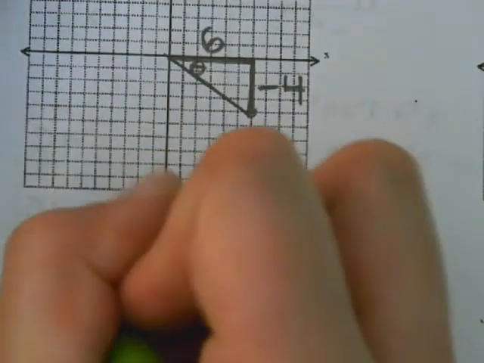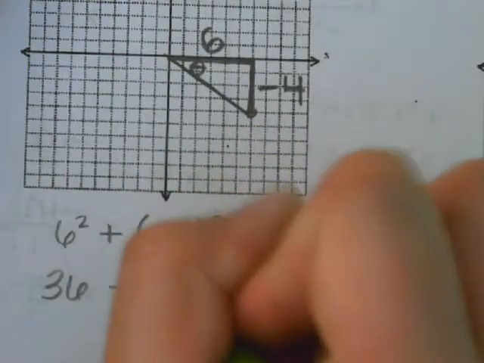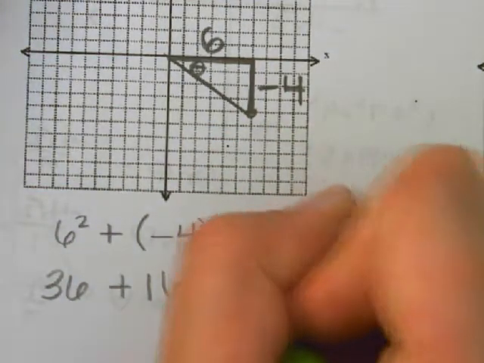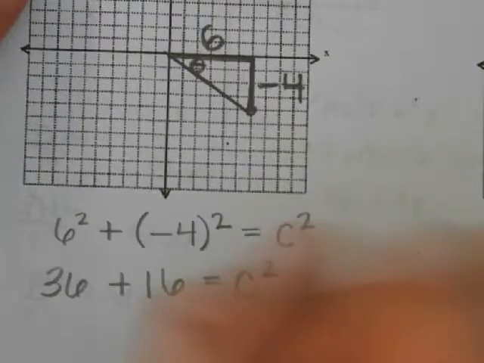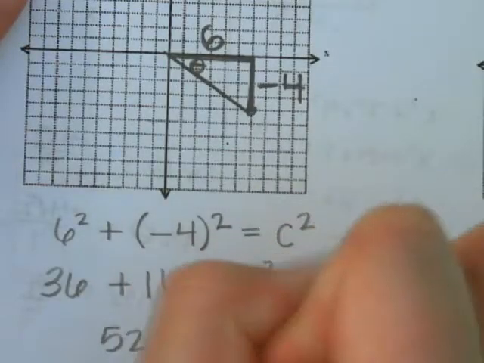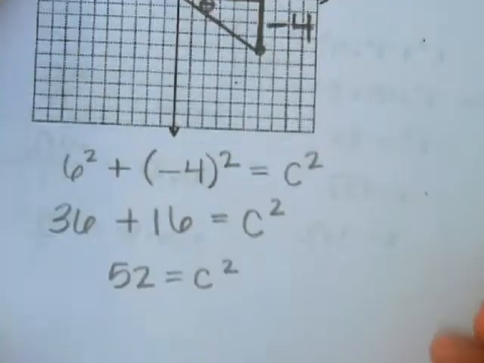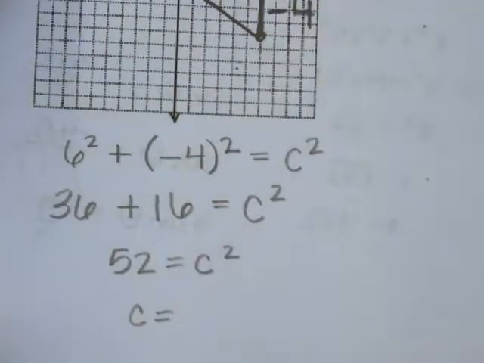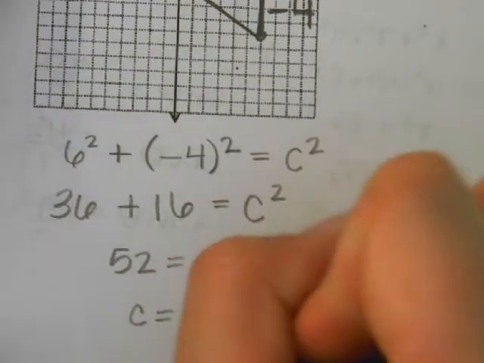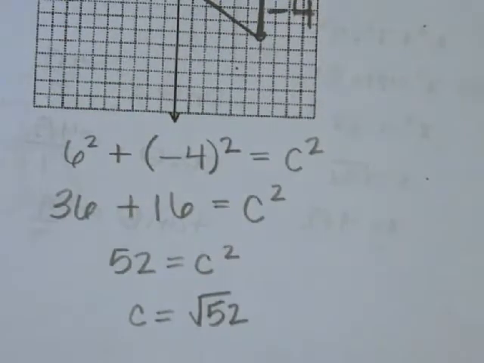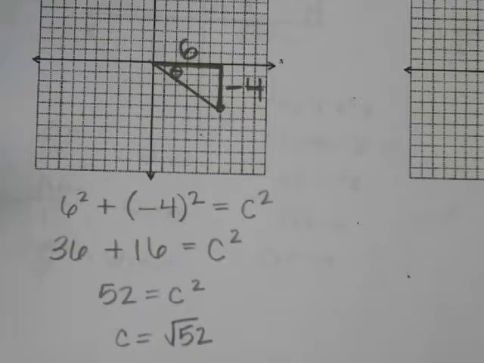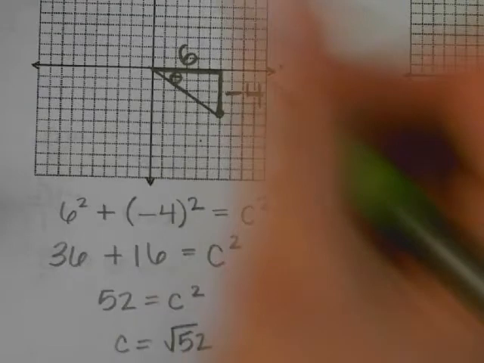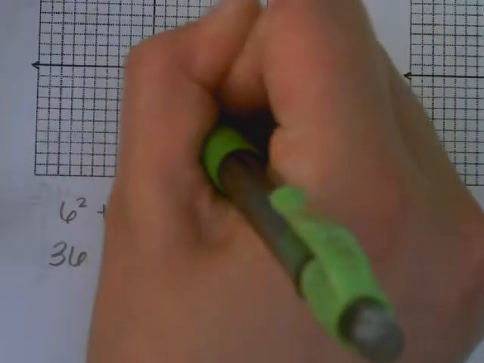So this is 36 plus 16 equals c squared. 52? Yes. 52 equals c squared. So what is our c value? Square root 52. Okay. Now, the other part of the instructions ask us to find sine, cosine, tangent, cosecant, secant, and cotangent of the angle. They want us to find all 6.